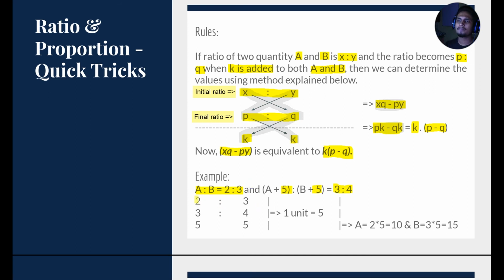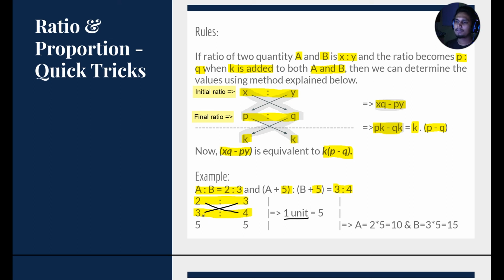You just have to write the ratios first, 2 is to 3 and the final ratio will be 3 is to 4. Now we just have to cross multiply, that is 2 into 4 and 3 into 3. So 3 into 3 is 9, 2 into 4 is 8. So the difference is 1 unit.